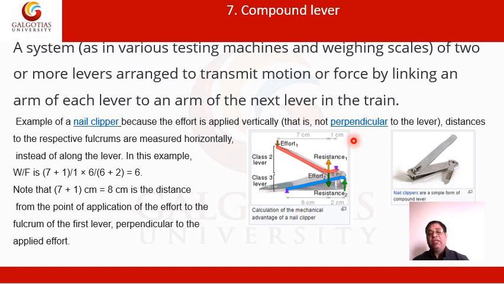They may be a combination of first class and second class lever, maybe a combination of second and third class lever. Here one example is given, that is the nail clipper. The nail clipper is one example by which you can understand the compound lever. It consists of a class 2 lever and a class 3 lever. So this lever is the compound lever.